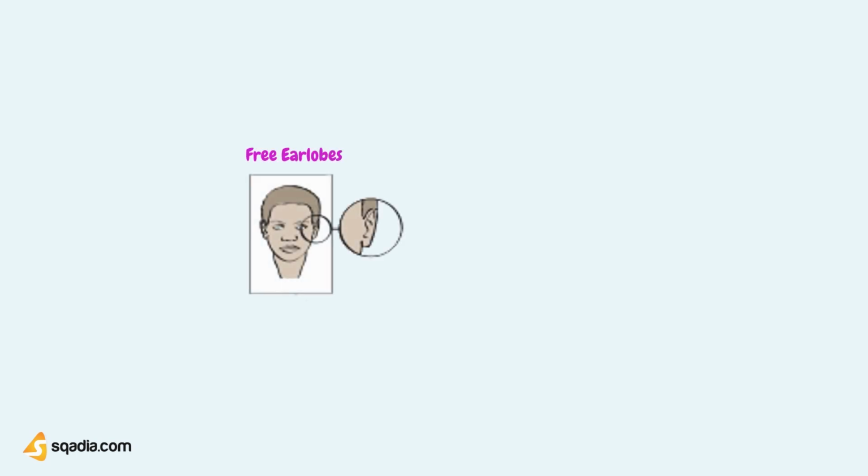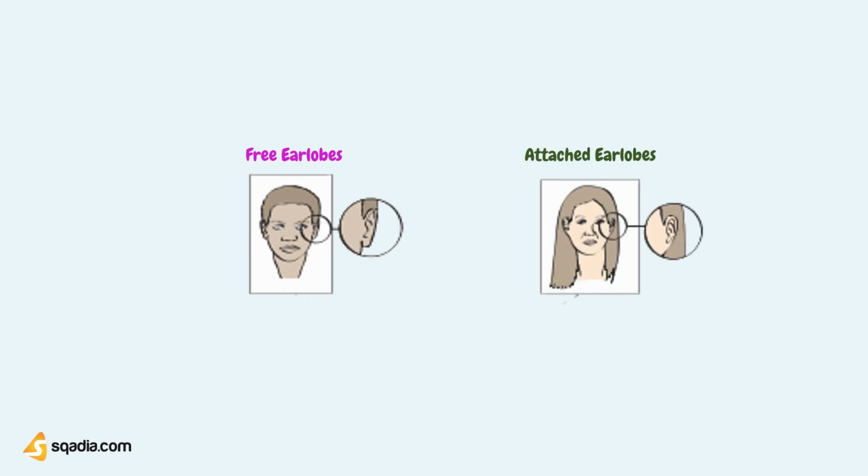Moving forward, the earlobes of some people are free, while others have elongated attachment to the neck. This is determined by 2 alleles of the same gene, capital F for free and small f for attached.